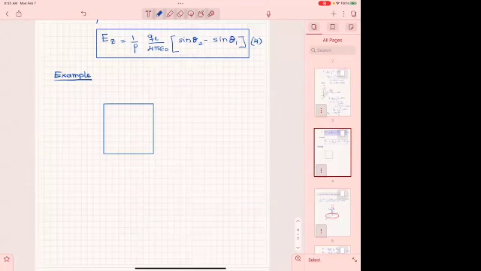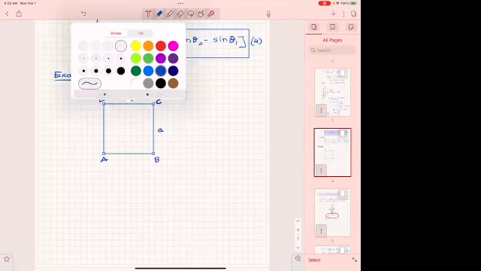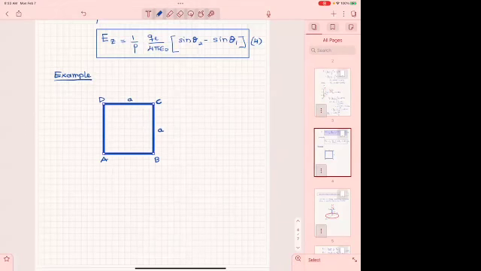And I'm telling you that this one, A, B, C, and D has the same, of course, sides. It's a rectangle. And this is a charge. It has a uniform distribution of a line charge, which is Q sub L.